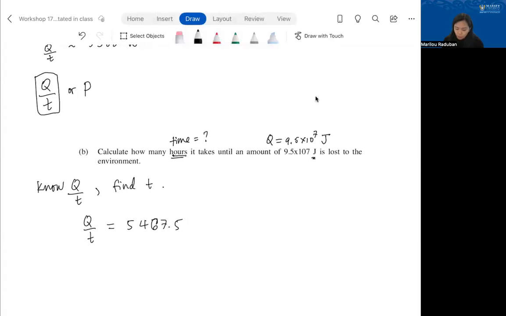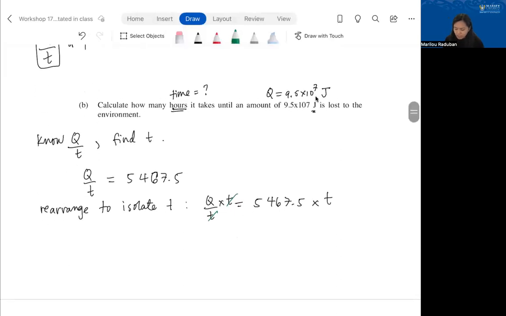So to find T, we need to isolate T. If we multiply both sides with T, then we get rid of T because you have 5,467.5 times T. So T disappears on the left side. And we want to isolate T.